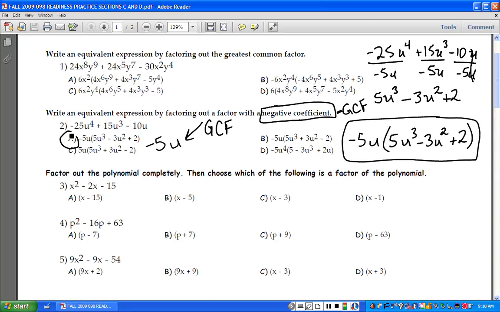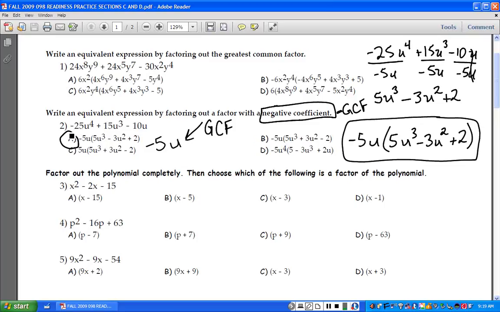Starting with problem number 3, what we're dealing with now is trying to factor trinomials. And basically, when we're given a situation like this, we want to use the reverse of the FOIL method. We talked about the FOIL method when we were reviewing for test B, which is multiplication of polynomials.